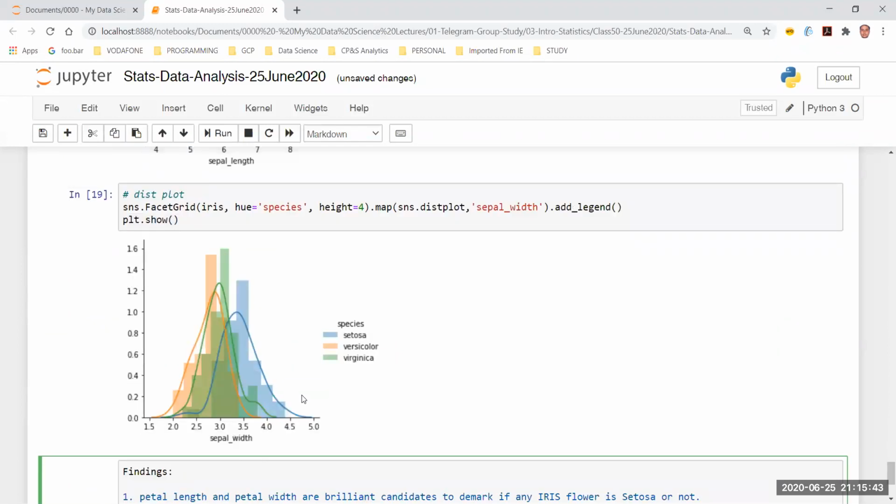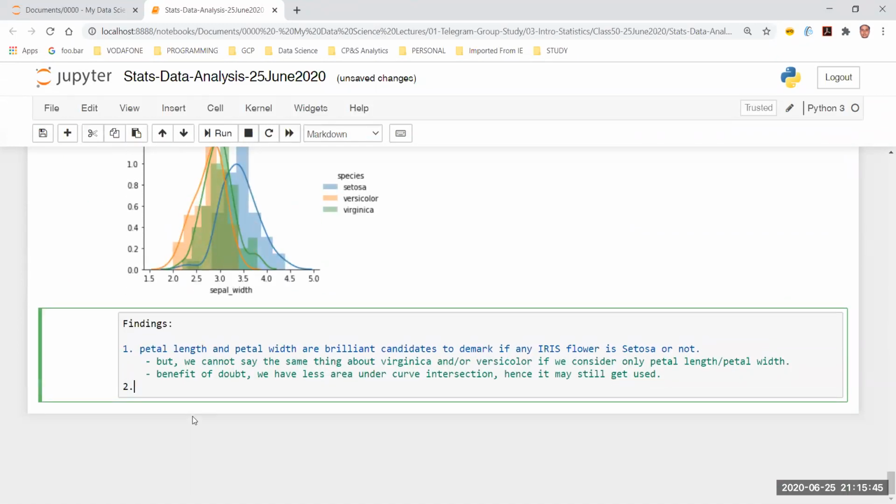When it comes to sepal length and sepal width, clearly they are not good candidates to demark or identify the species of iris flower.